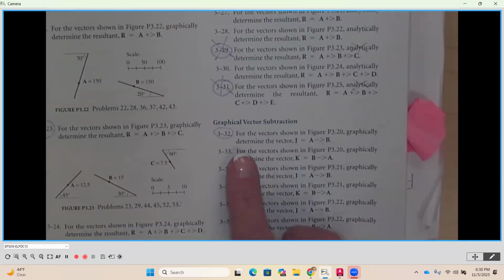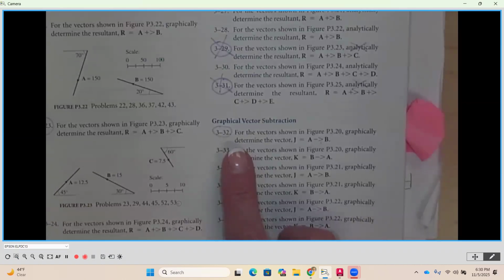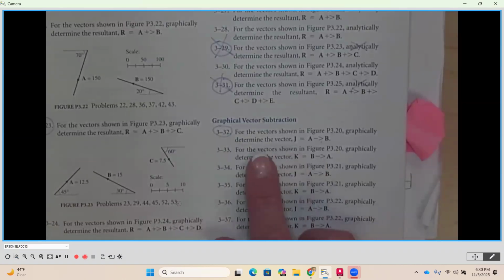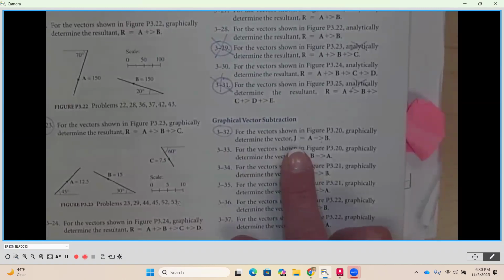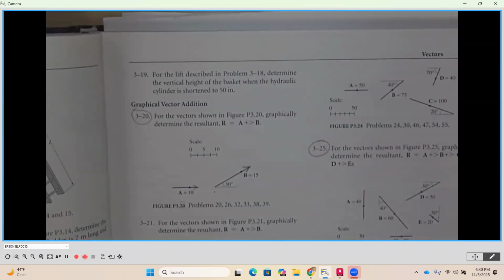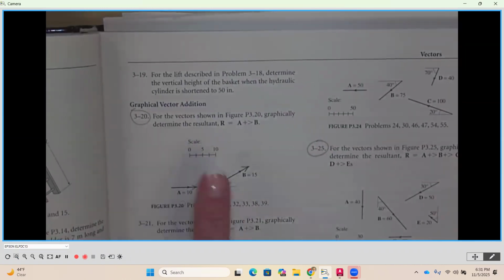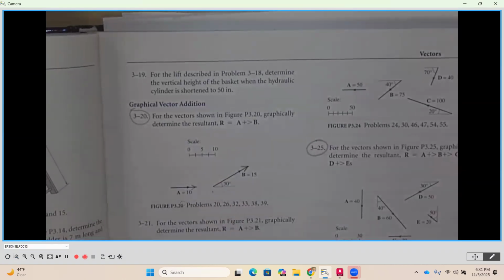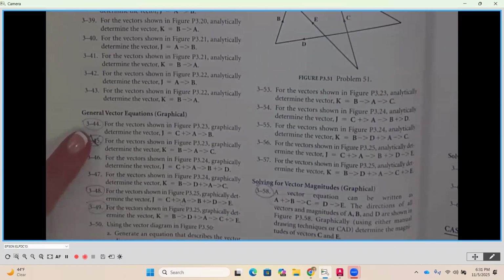The next problem you have is problem 332. You want to determine graphically vector J when you take A minus B, and this is from figure 320. So it is the vectors from problem 320, which you did already, or you will have done. Turning the page, then you're going to go to number 44.